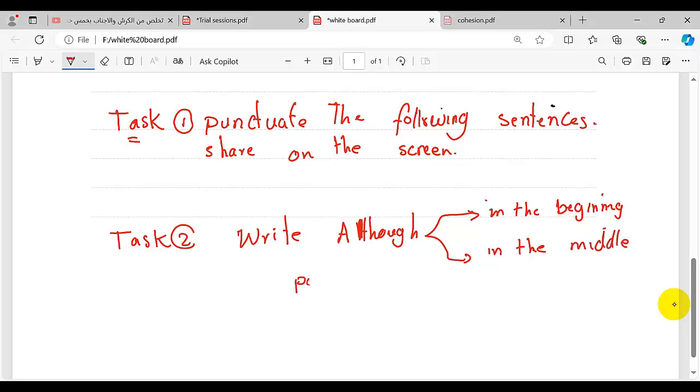What matters to me is to punctuate the two sentences correctly. Write "although" in the beginning of one sentence, and in the middle of another sentence. Punctuate both sentences correctly. Hurry up, I'm waiting for your responses.